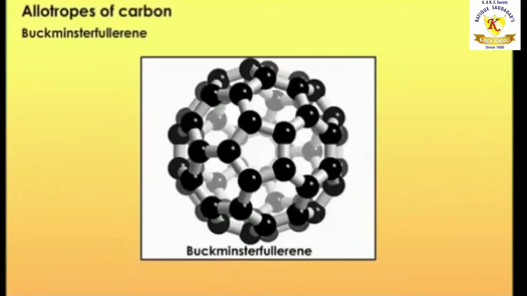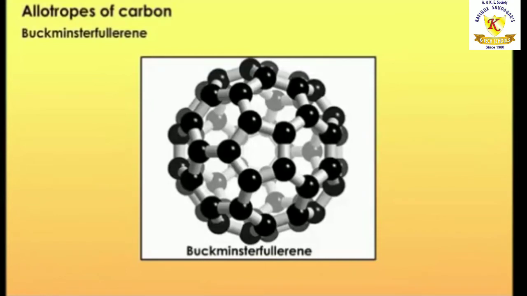Now the next is Buckminster fullerene. It is a pure form of carbon. Buckminster fullerene contains 60 carbon atoms arranged in a round molecule resembling a soccer ball. You must have seen a soccer ball, children.